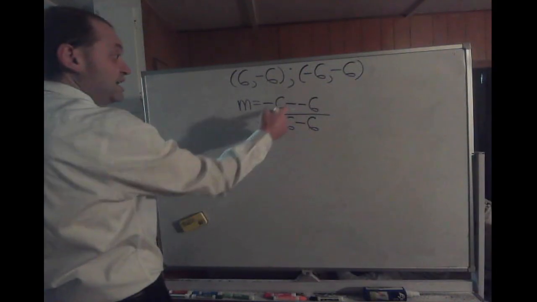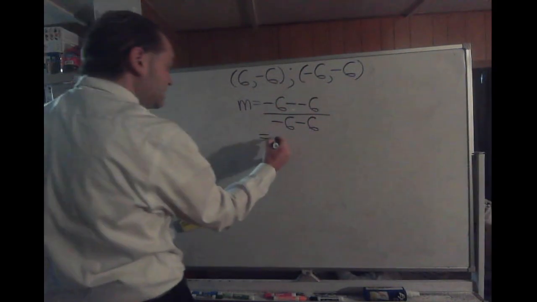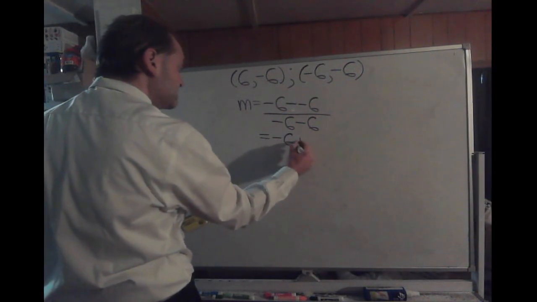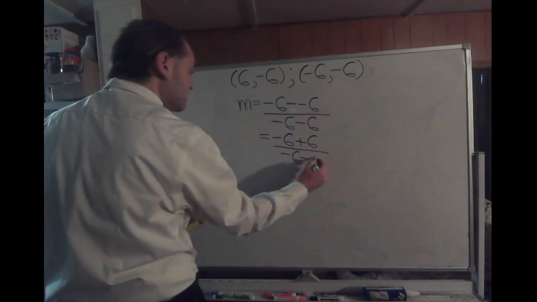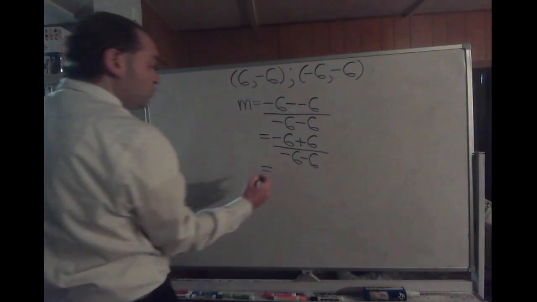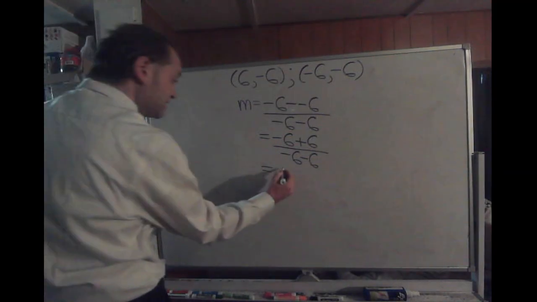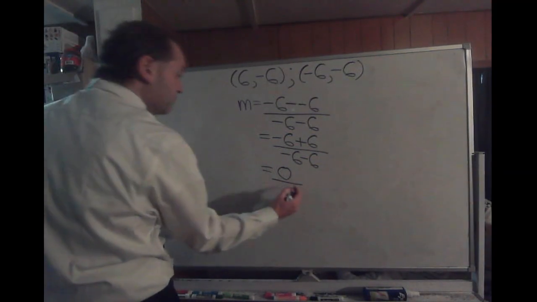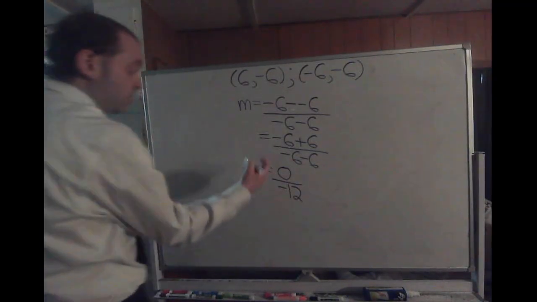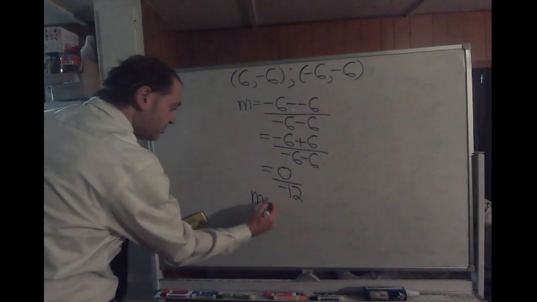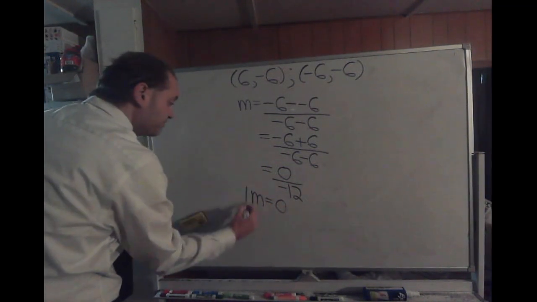Well, what is -6 minus -6? That turns into -6 plus 6, still over -6 minus 6. Now, what is -6 plus 6? That's 0, over what is -6 minus 6? That's -12. Well, I think it's plain to see you're going to get a slope of 0.